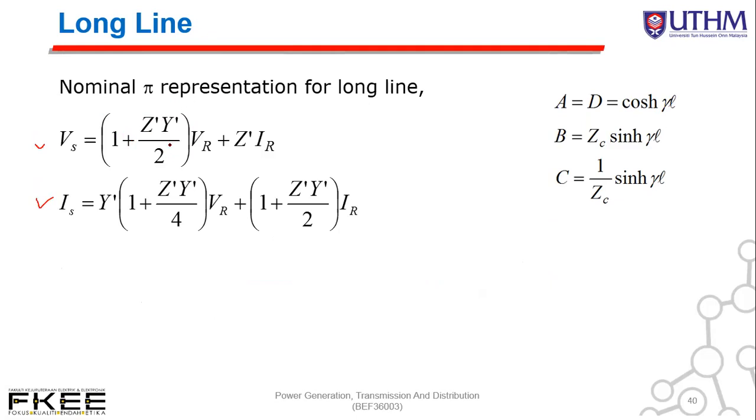So for the long model, we represent impedance Z as Z prime and admittance Y as Y prime. Same for B, that is B equal to Z prime. C equal to Y prime times (1 plus Z prime Y prime over 4), and D equal to A, that is 1 plus Z prime Y prime over 2.